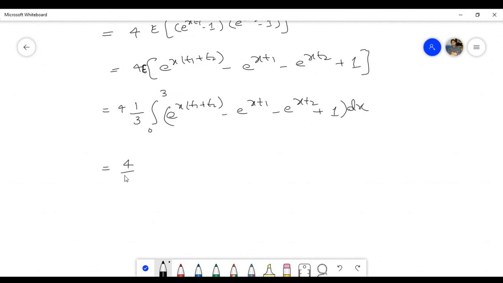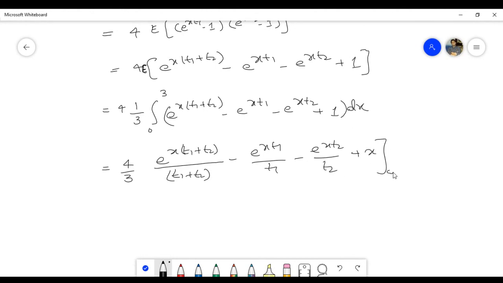So integrate it: 4 by 3 e power x t1 plus t2 by t1 plus t2, minus e power x t1 by t1, e power x t2 by t2, and integration of 1 is x from 0 to... sorry, 0 to 3. You're just habituated to adding 2.